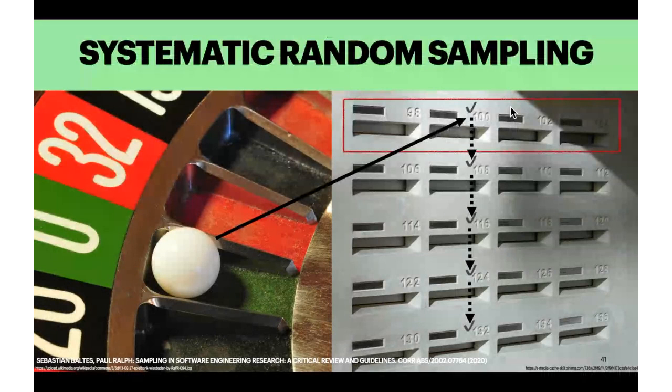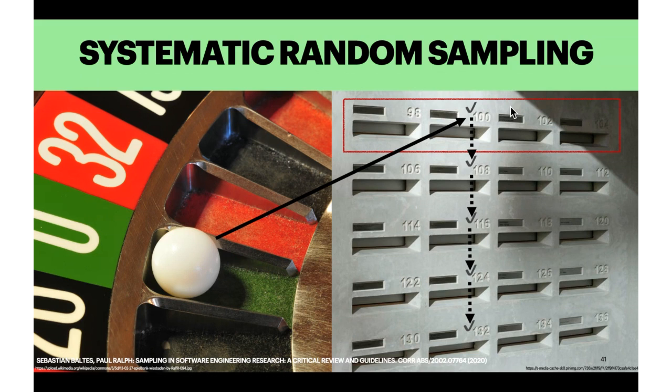So a slightly different variant on the random sampling theme is systematic random sampling. In this case, the sampling goes in two phases. First of all, we randomly select a number, and then we select every certain number in the series.